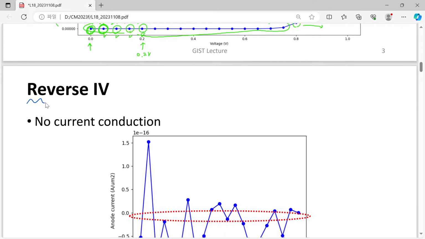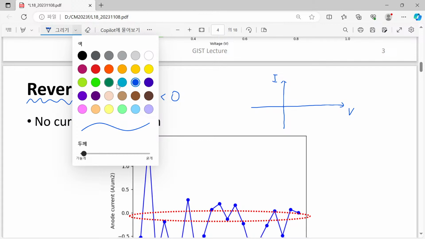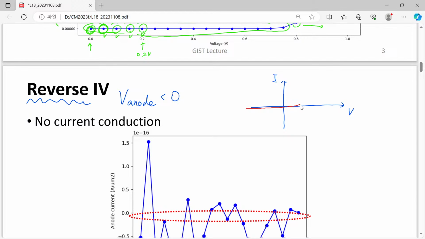So when you apply anode voltage, however, now let's assume that your anode voltage is negative. Then what will happen? From the textbook, you may understand if we have IV characteristics of a PN junction, then you have learned that this is quite much 0 and there will be a certain exponential behavior.